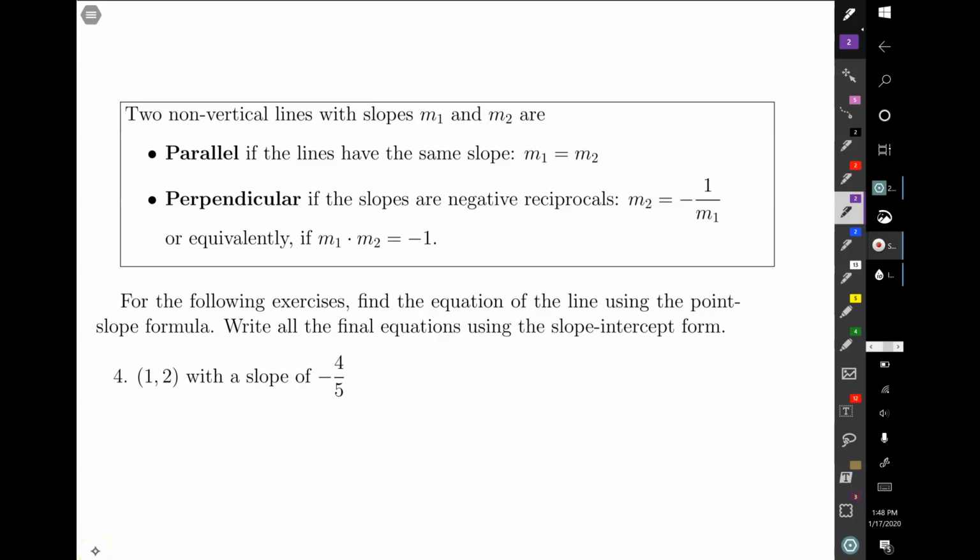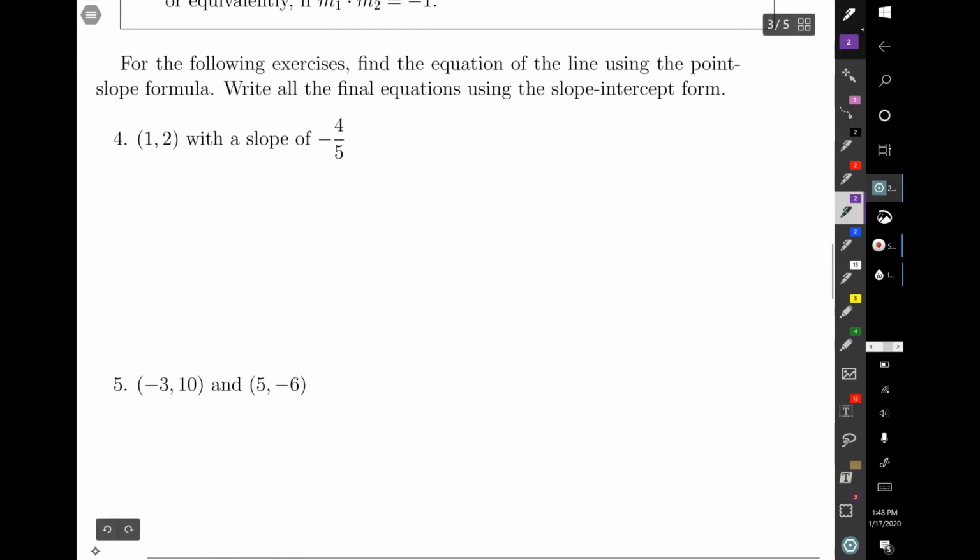For number 4, we have the point (1, 2) with a slope of negative 4/5. So we want to find the equation of the line. First I'm going to write down the point-slope formula, which, as you may recall, is y minus y sub 1 equals m times x minus x sub 1.